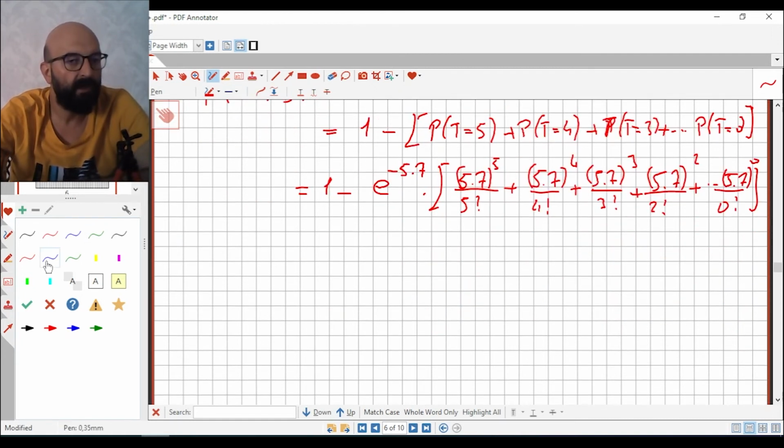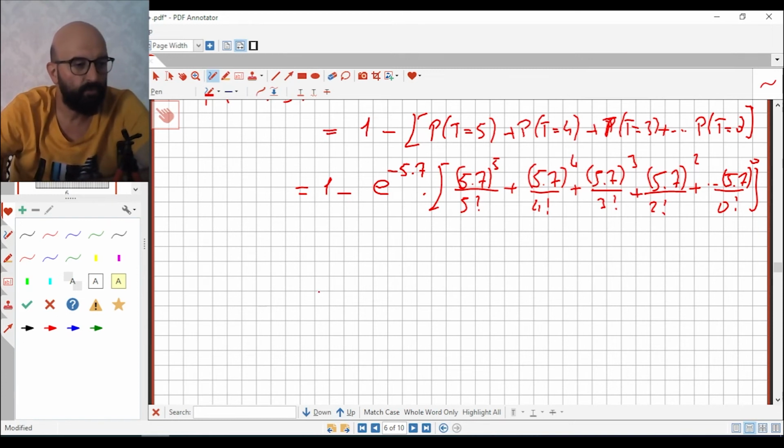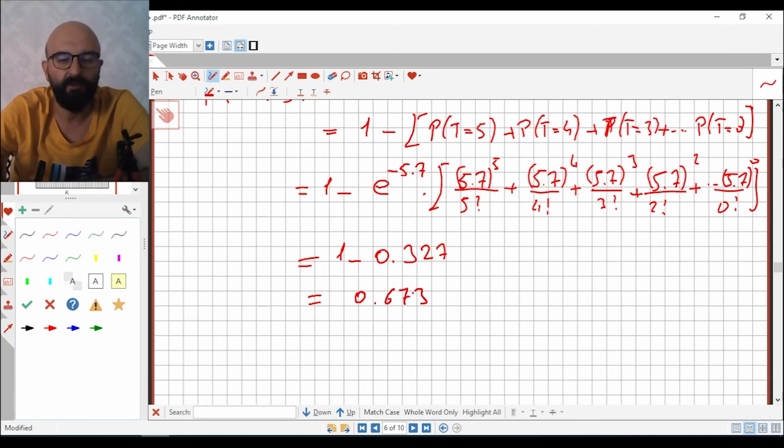Okay, now I want to look at the result of this process. The probability of t greater than 5 is 1 minus 0.327, and it means 0.673.